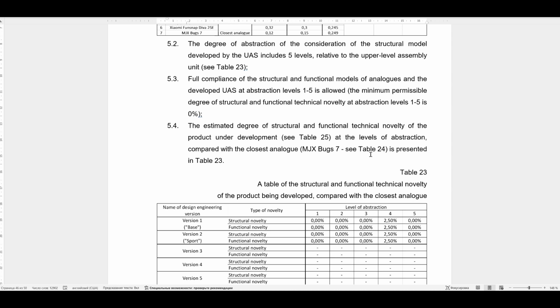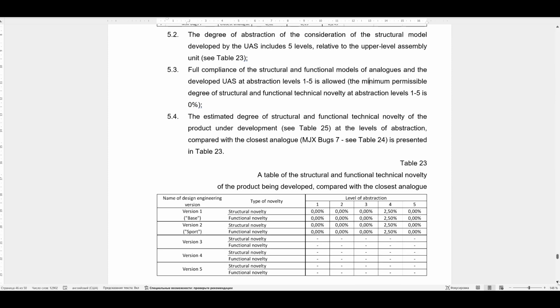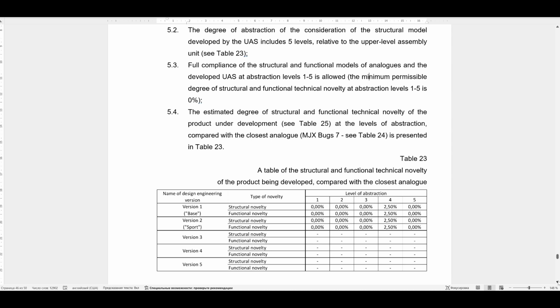Secondly, a comment on the minimum possible values of the technical novelty value will be introduced into the text part of section 5.1 of the technical assignment in the case of reverse engineering of an unmanned aircraft system. The permissible minimum technical novelty at levels from 1 to 5 of the structural model should be 0% and higher.